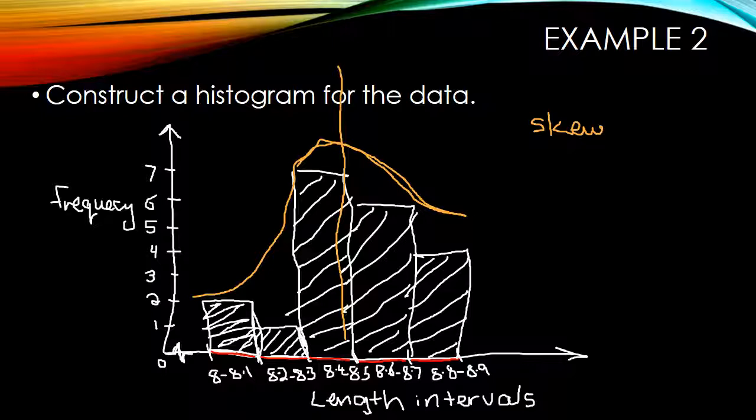And it has a skewed distribution to the left because the tail of the distribution, which is right here, is at the left side. So this distribution is skewed left.